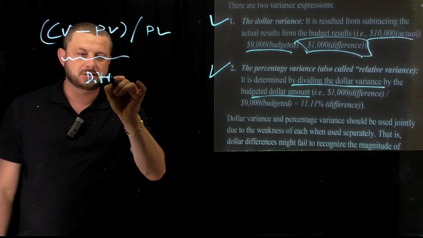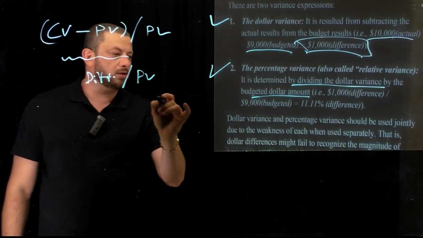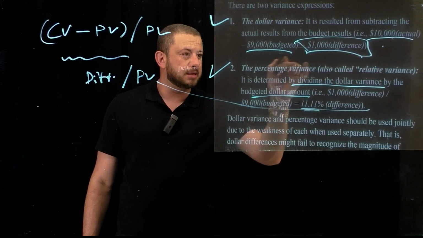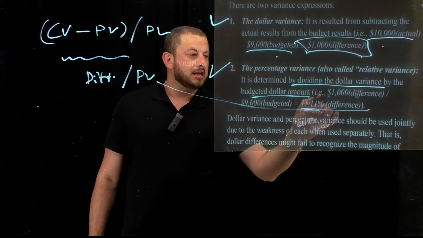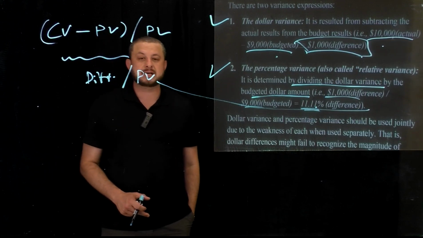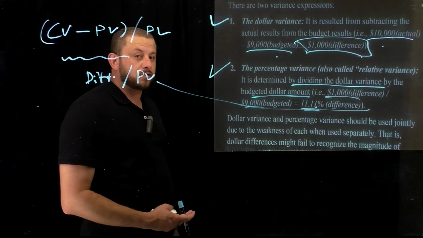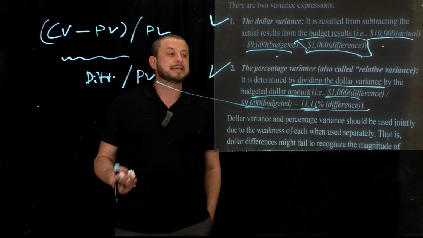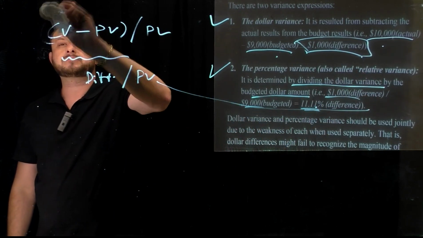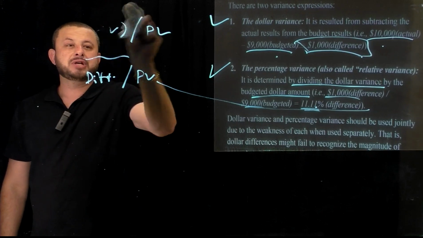So difference over previous value gives us 11.11% based on this example. Therefore, 1,000 over 9,000 equals 11.11%, and this becomes the percentage variance, percentage change, or the relative variance or relative change. Keep that in mind. I might use those terms interchangeably, guys.